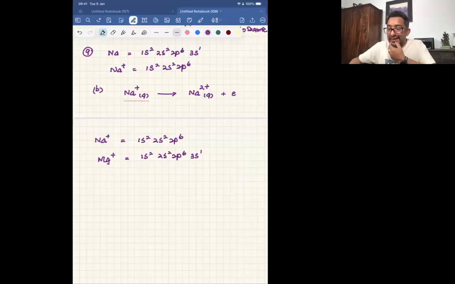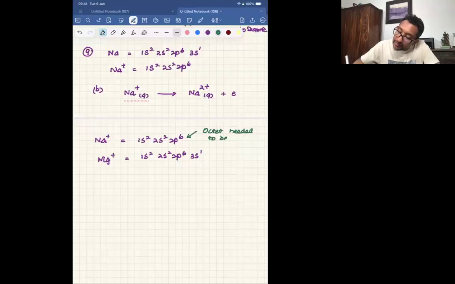Now you are going to remove the second electron. For sodium, you have to break the octet. If the octet needs to be broken, you need to supply more energy. So more energy is needed.